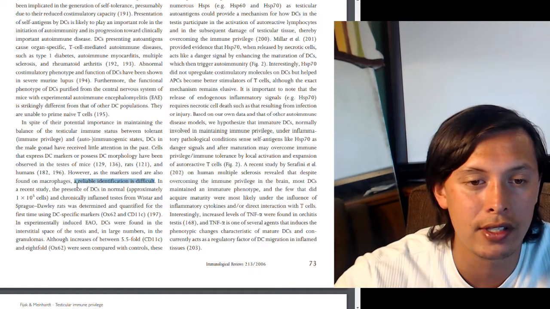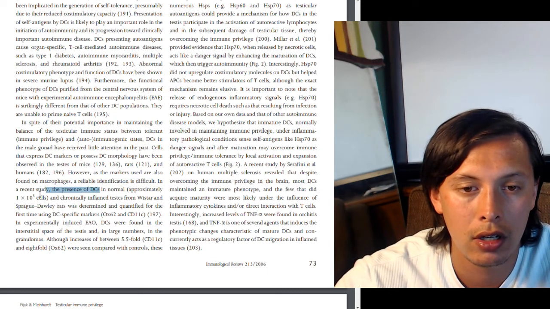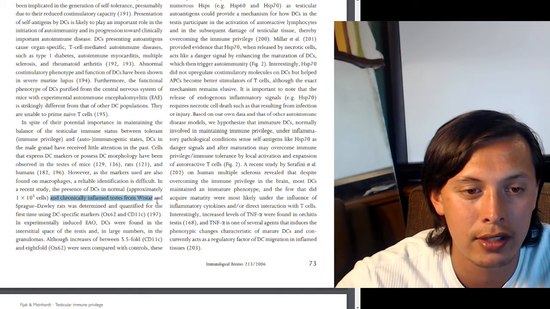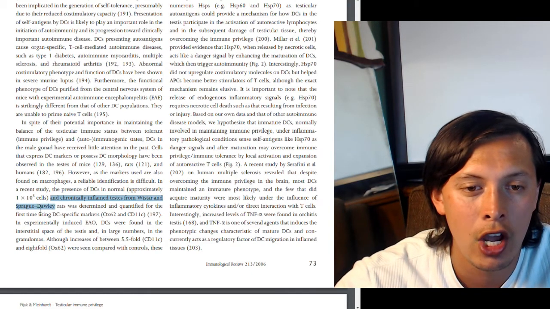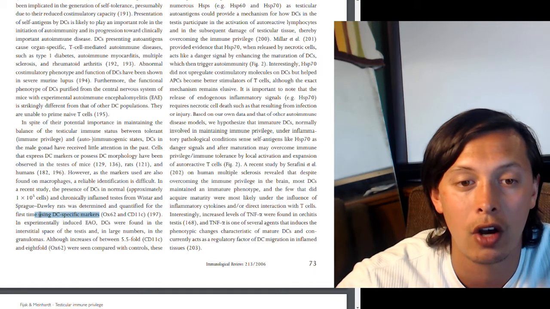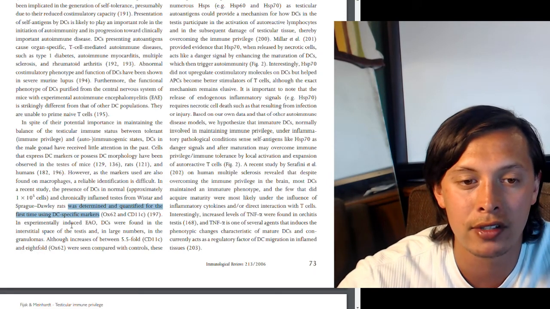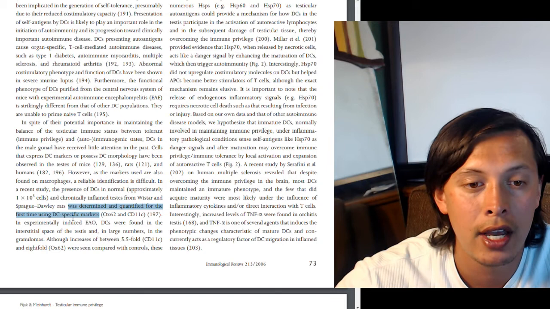Okay, continuing. In a recent study, the presence of dendritic cells in normal and chronically inflamed testes from these particular rats was determined and quantified for the first time using the dendritic cell specific markers. So I should say they used to have a big problem, but then they figured out better dendritic cell specific markers.